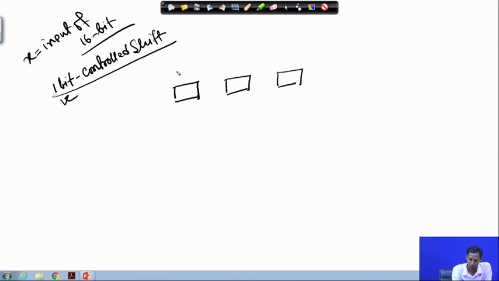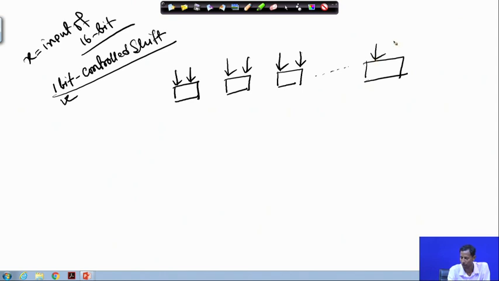So, at that time what will it be? Here it will be up to x to the power 14, x 15, x 13, x 14, x 12, x 13, and here it will be 0 and x 0.